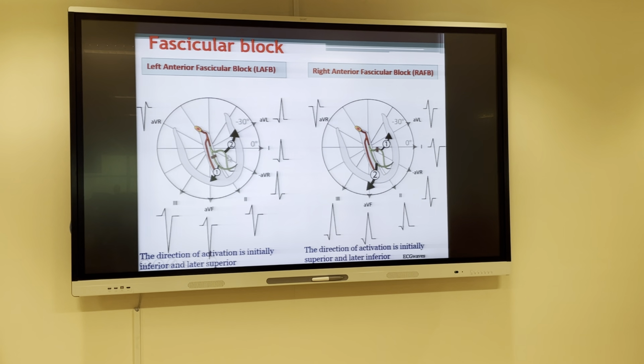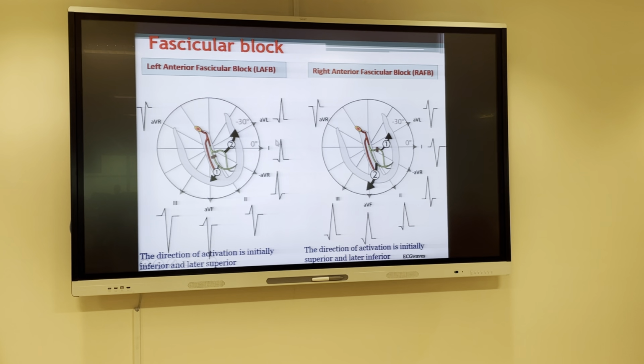The main activation of the left ventricle is then going to be lateral and superior. That large arrow is mostly towards lead one, so we'll have a large R. The opposite will happen in lead 3. Initial activation is towards lead 3, so we'll have a small R. The ultimate activation is away from it to activate the superior and lateral part of the ventricle, so we will have a deep S wave.